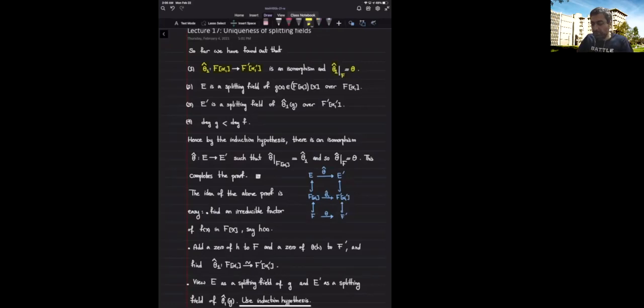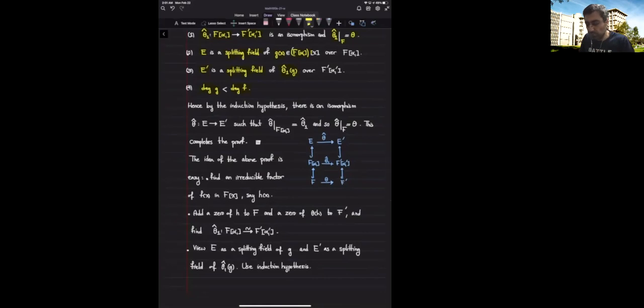We also argued that E is a splitting field of this auxiliary polynomial g over this larger field. And similarly for E prime, we realized it as a splitting field of a smaller degree polynomial. Because the degree is strictly less than the degree of the polynomial f, we are allowed to use the induction hypothesis.